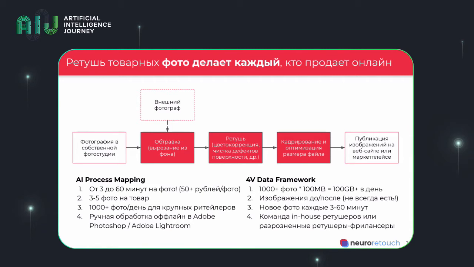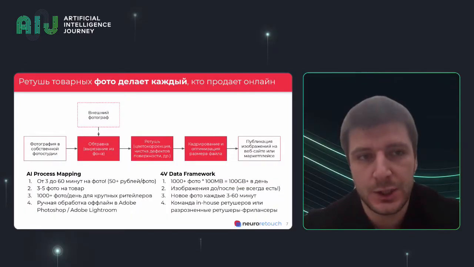For every product, you need around 5 photos, and large retailers will process something like 1,000 photos per day. So if you simply multiply these numbers, you will realize that this is the right kind of problem for AI. There should be significant value to capture here, but in the following slides we will be able to quantify it.